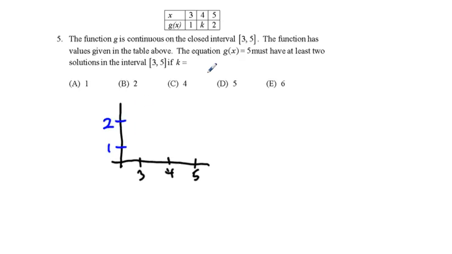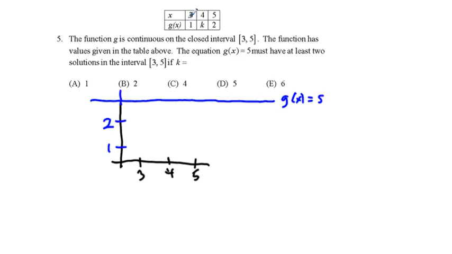And we're also given the equation g of x equals 5. So up here, I'm just going to draw another horizontal line. I'm going to label this g of x equals 5. Okay, let's go ahead and examine what's happening here.